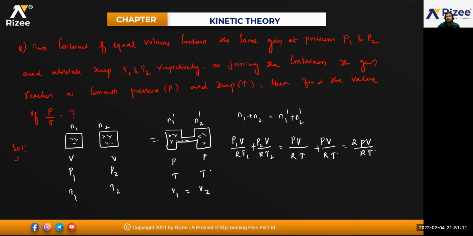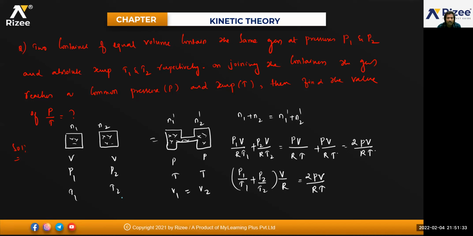So it's asking P by T is equal to how much? Everywhere I can cancel this R, beta. Now see here, P1 divided by T1 plus P2 divided by T2, into V by R which is common, is equal to 2 times P into V divided by R into T. Something is getting cancelled in this one.